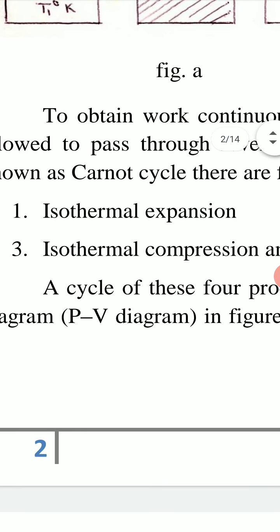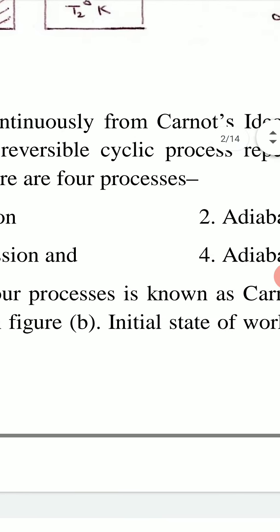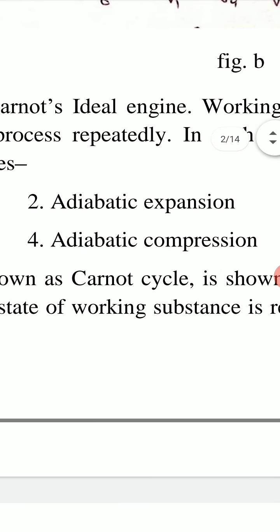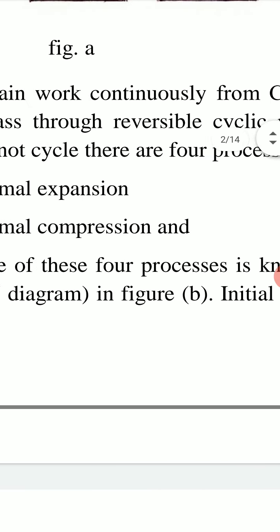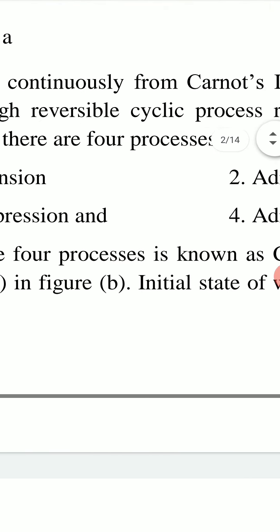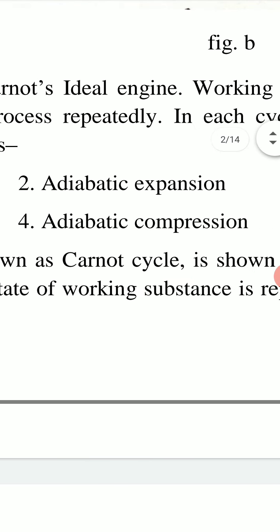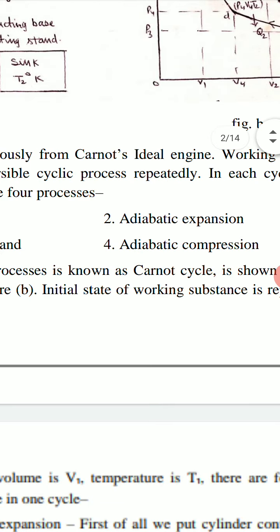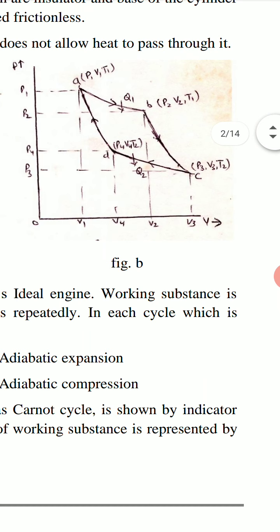Number 1, isothermal expansion. Number 2, adiabatic expansion. Number 3, isothermal compression. And last, number 4, adiabatic compression. These 4 processes are shown in this PV diagram. This PV diagram is known as indicator diagram.